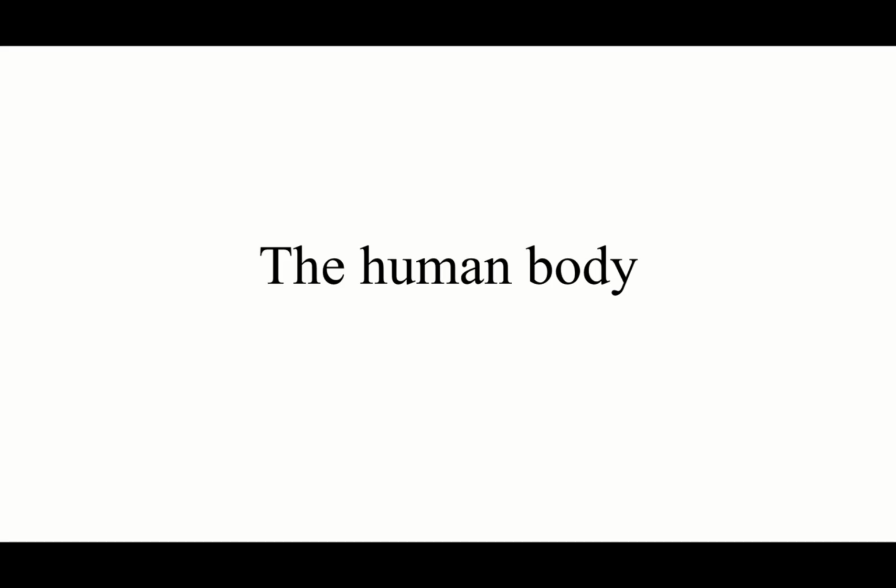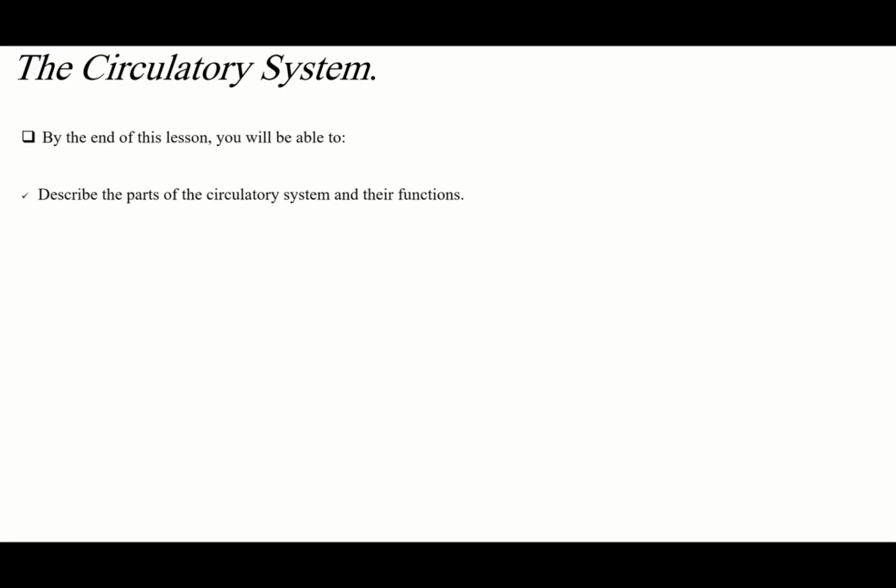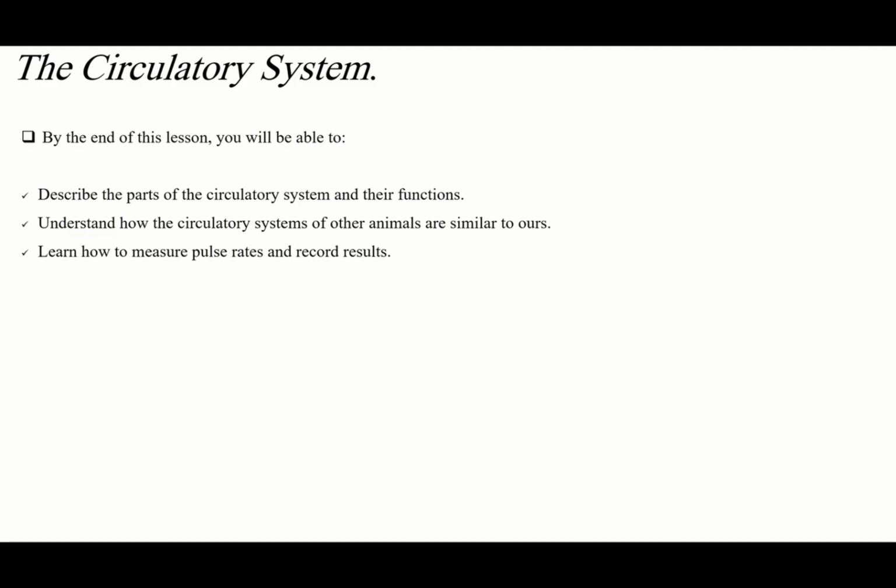Our topic is the human body. And inside the human body, what is it? The circulatory system. So by the end of this lesson, you will be able to describe the parts of the circulatory system and their functions, and also understand how the circulatory systems of other animals are similar to ours, and also learn how to measure pulse rates and record the results.